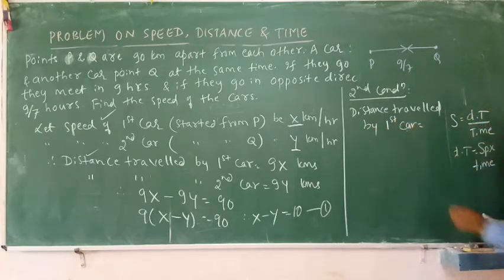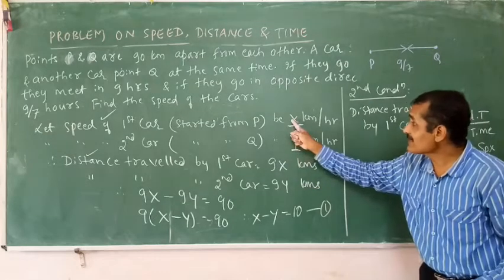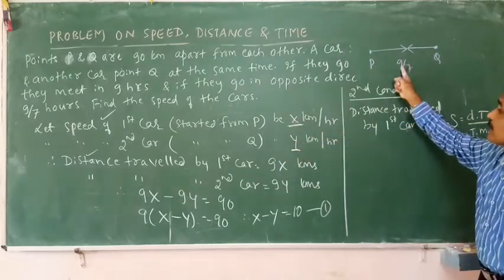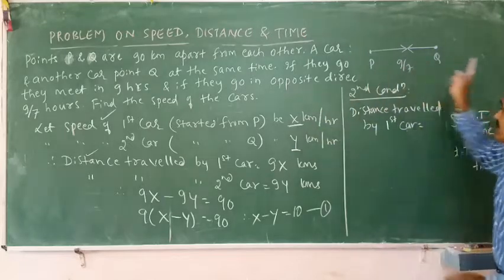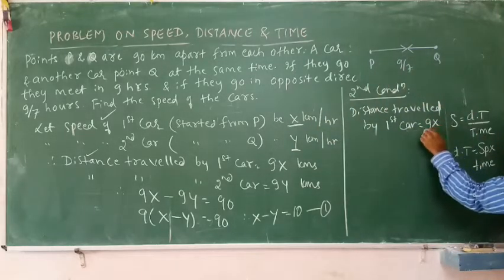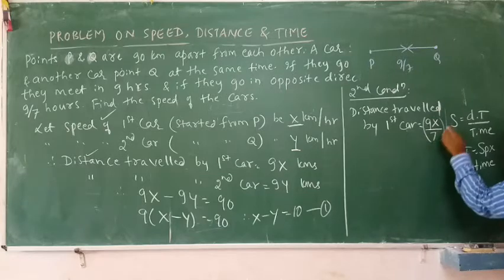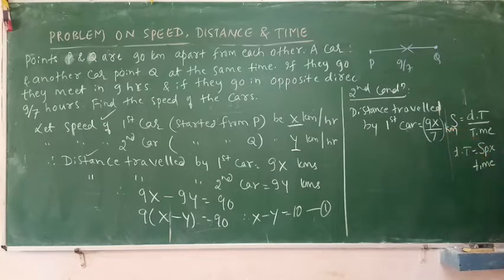What is the formula for distance traveled? Speed into time. Speed is x. Time is 9 by 7 hours, means 9x by 7. This much is the kilometers.